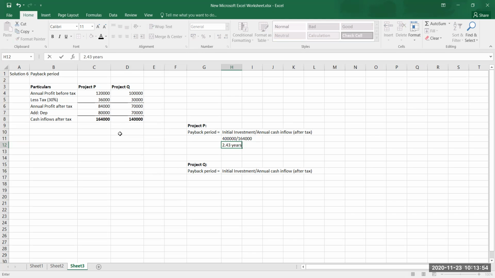So it is taking 2 years and something. If you multiply 0.43 by 12, you will see it is approximately 5 months. So I'll write here, 2 years and approximately 5 months it takes to recover the investment. This is the payback period for project P.